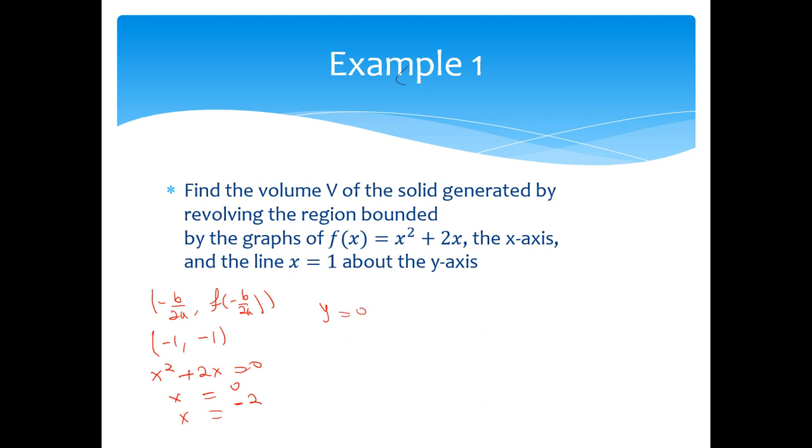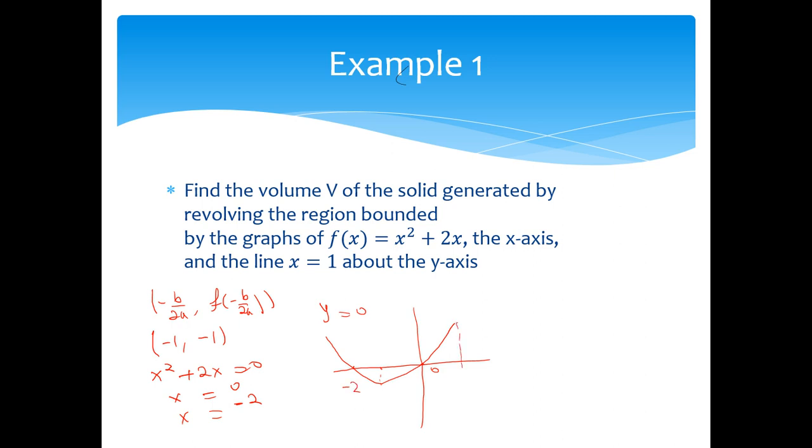So then at this point we can graph the function. The function has its vertex here, and it has the x-intercepts here, so the x-intercepts are 0 and negative 2.